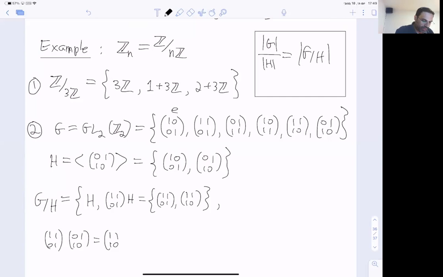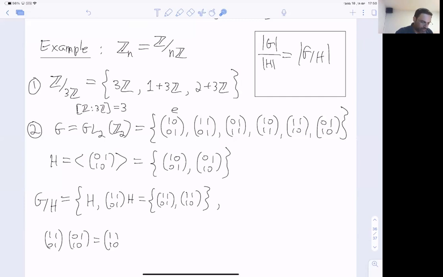So in the first example, the index of 3Z in Z was 3. We had 3 cosets. Now this is 1 coset. Here we expect the index to be 6 divided by 2, 3 cosets.